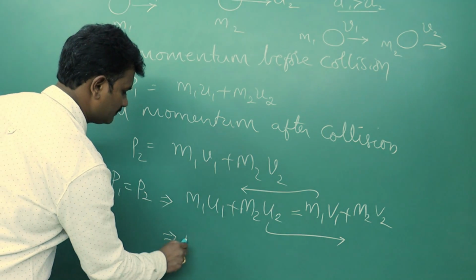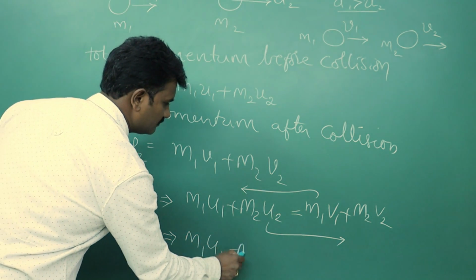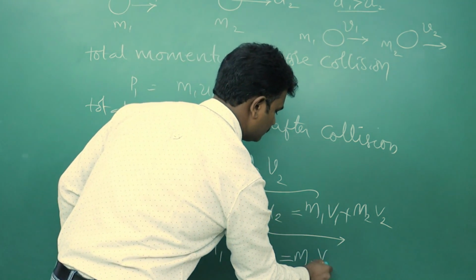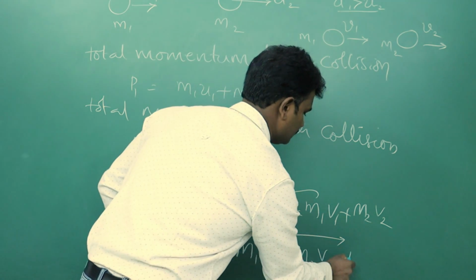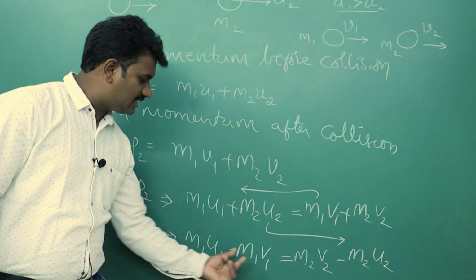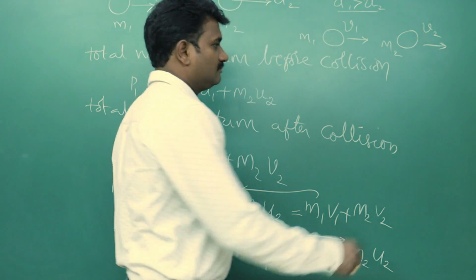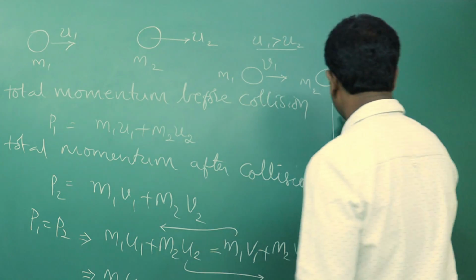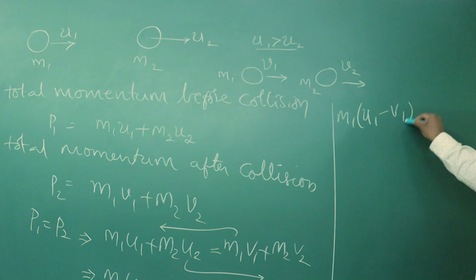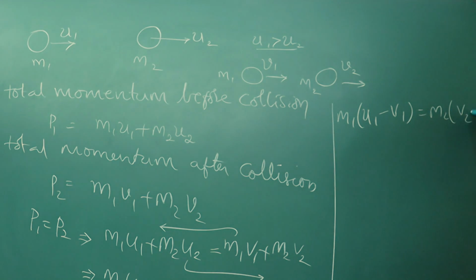Now I am taking m1 as common here, m2 is common here. So I am going to keep it aside.